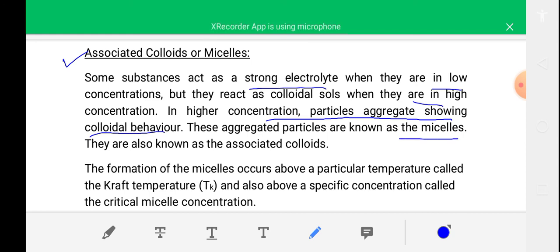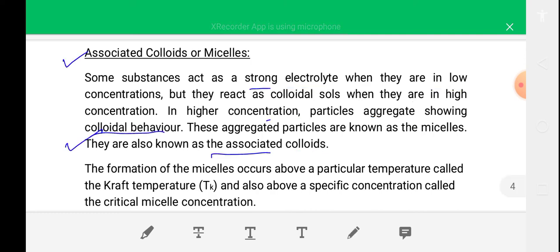So micelles are one type of associated colloid particles, also known as associated colloids.